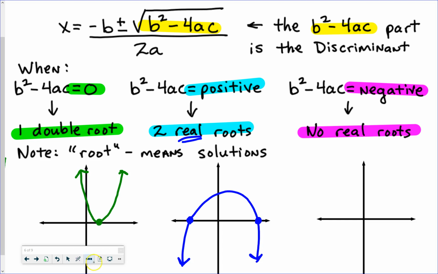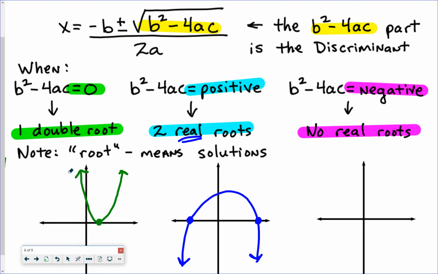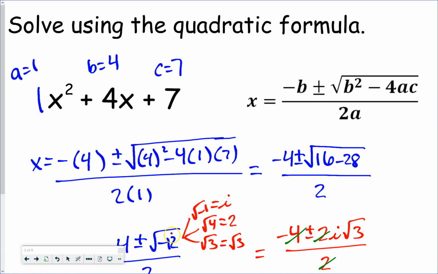All right, to have a negative as a discriminant. Well, we actually just did that. My discriminant for the last problem was negative 12. That b squared minus 4ac from the last problem we just did. Look right here. Negative 12.